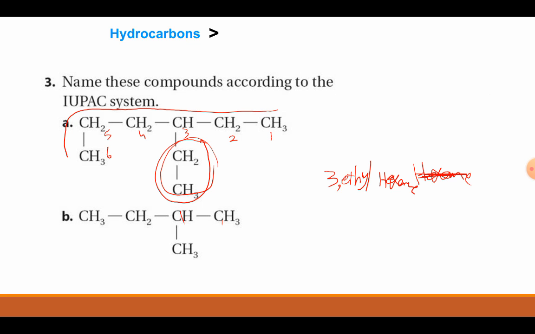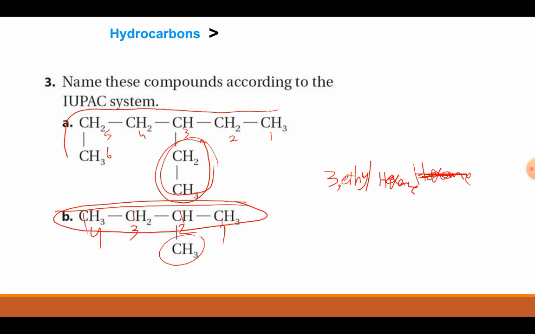The second one. 1, 2, 3, 4. This is the straight chain. And 1, 2, 3, 4 the same. So I can choose 1, 2, 3, 4, and this is the parent chain. It's connected to one what? Methyl group.